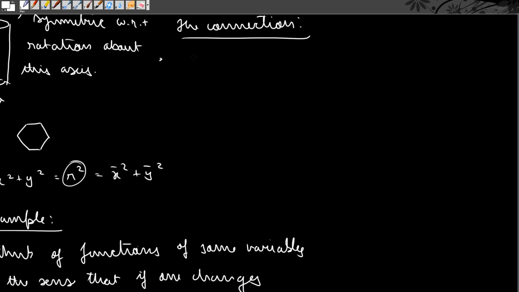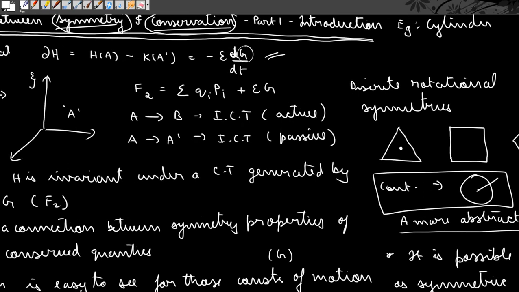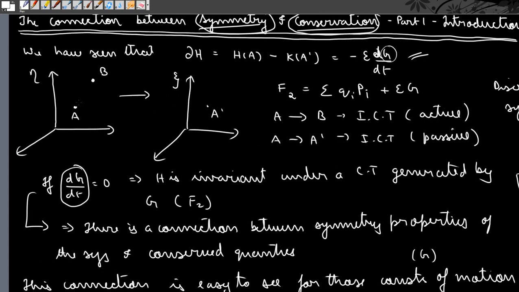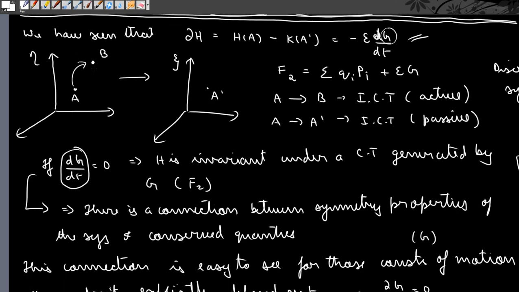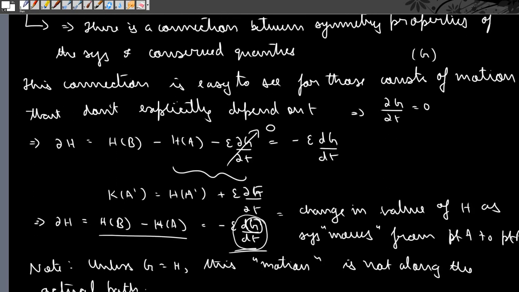So if H is invariant under the transformation which takes us from point A to point B, now we are coming to this guy here. We are going from point A to point B via an infinitesimal canonical transformation. Here the picture has been exaggerated. This point A and point B are very close together because it's an infinitesimal canonical transformation.